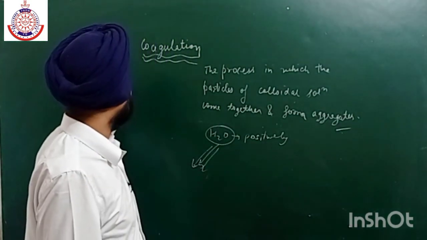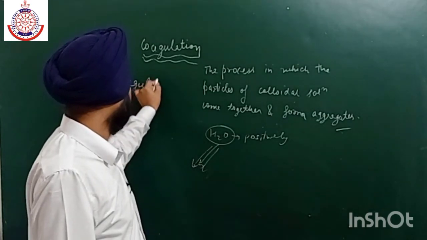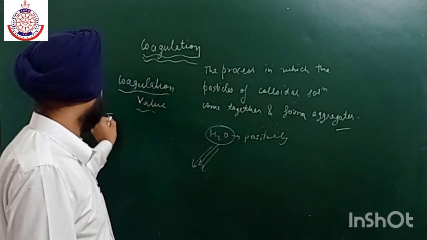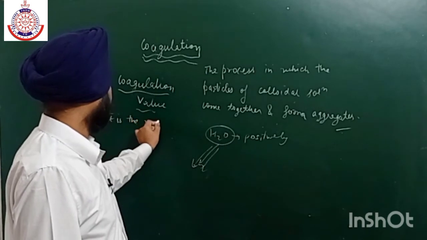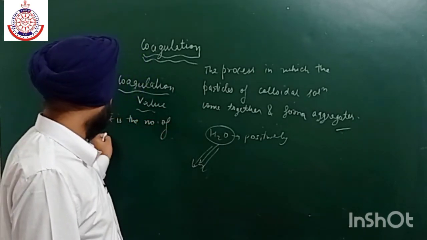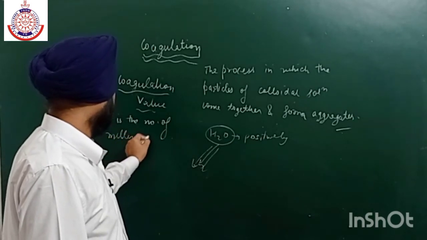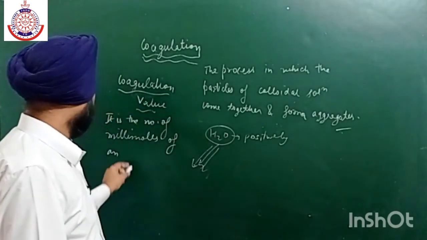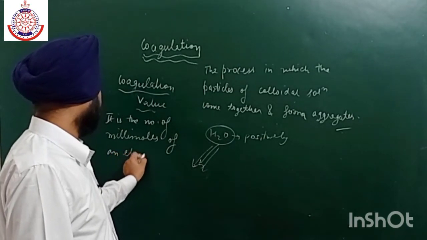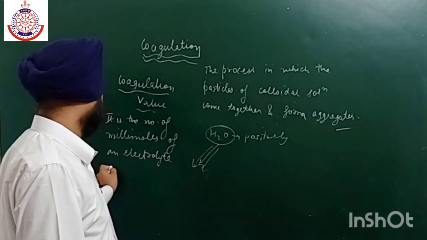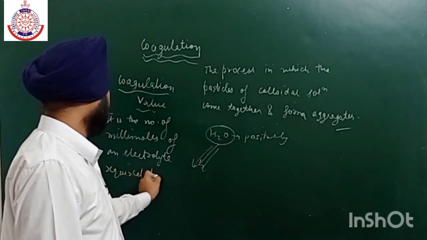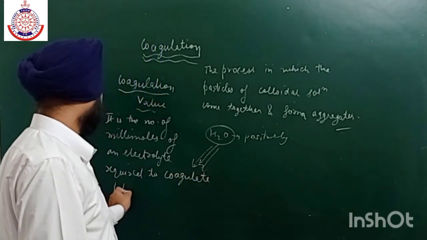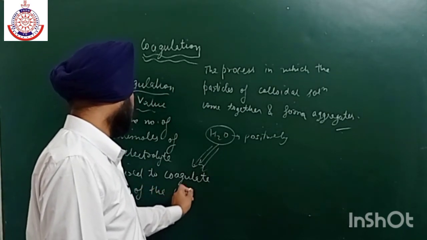Coagulation value is the number of millimoles of an electrolyte required to coagulate 1 liter of the colloidal solution. Coagulation value is defined for an electrolyte.